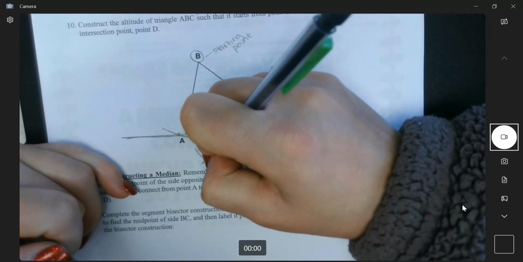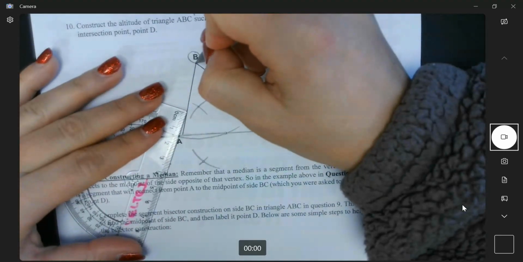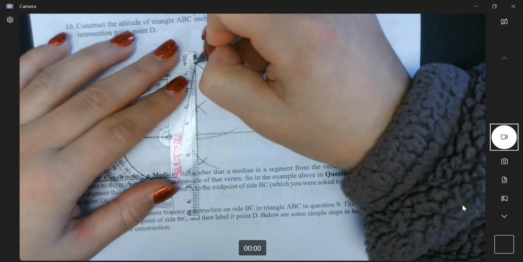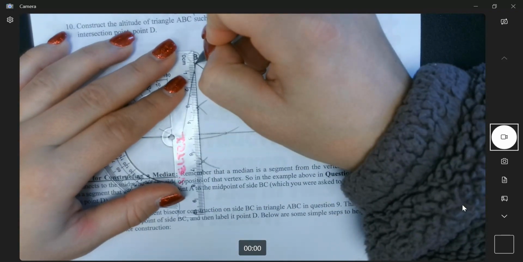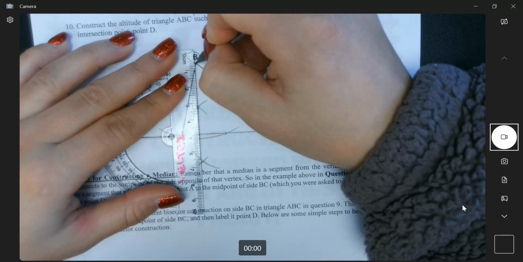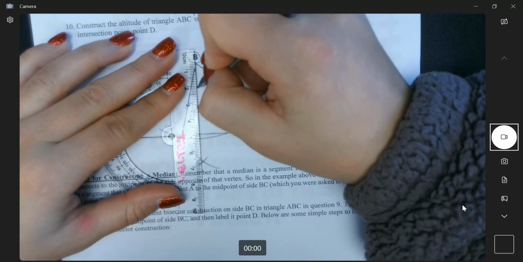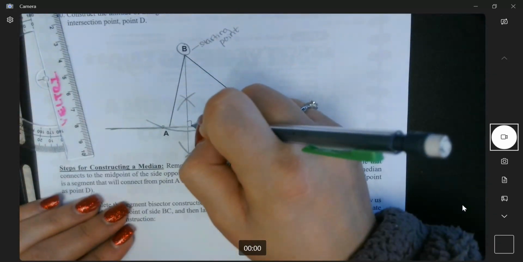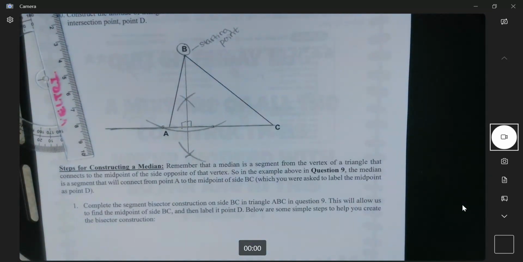And I'm going to now make these 2 points. There, here. And I'm going to start at B and just make sure it connects. This here is perpendicular, and that would be your altitude.